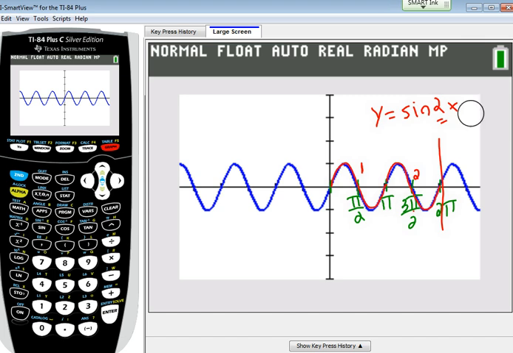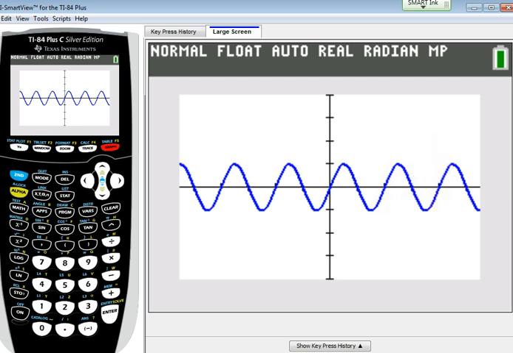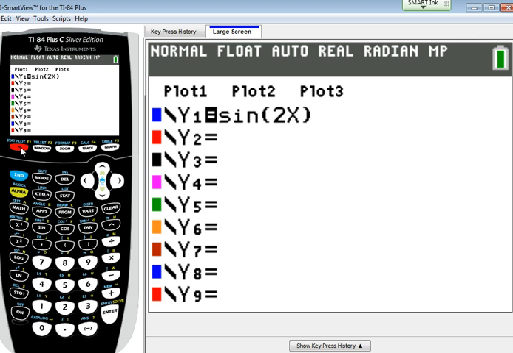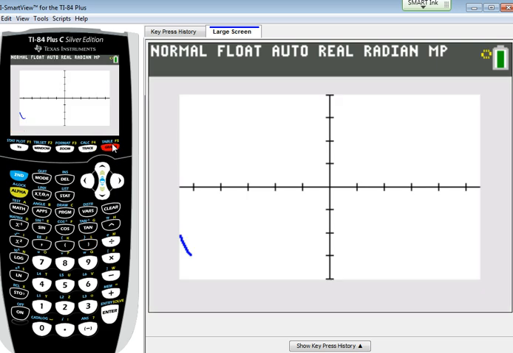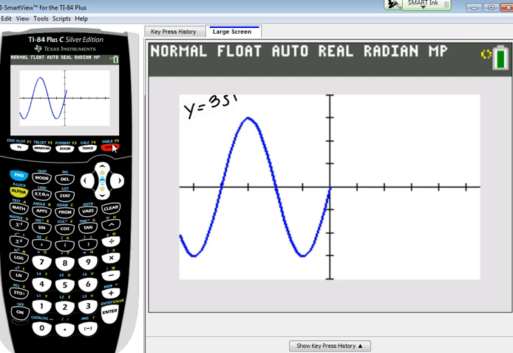Now let's change this again so you can get an idea. If I just did, let's make this 3 sine x, and we graph that thing, y equals 3 sine x.